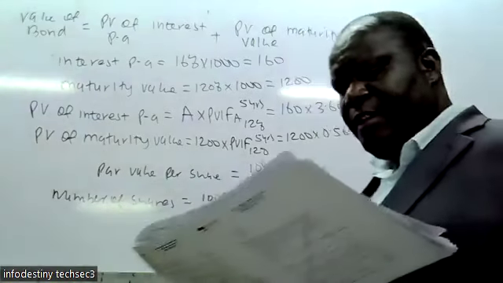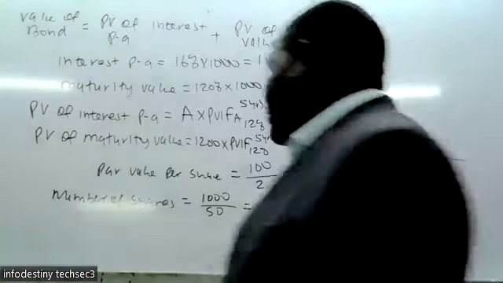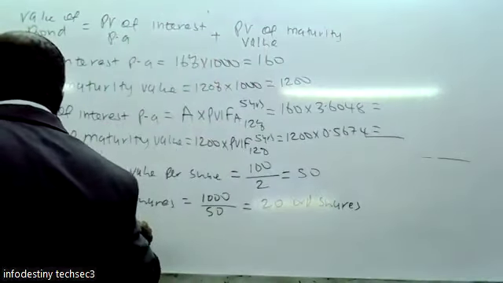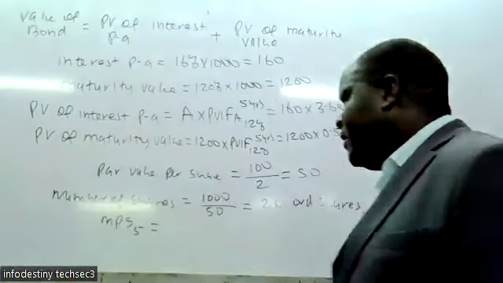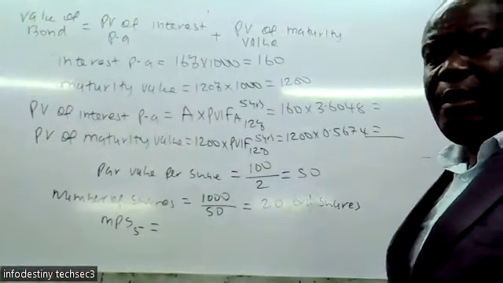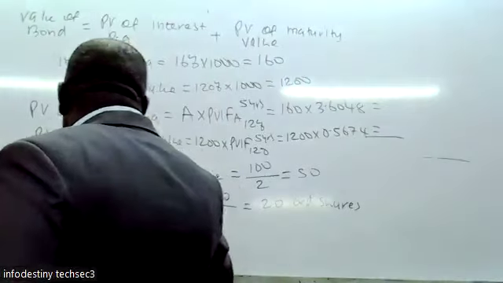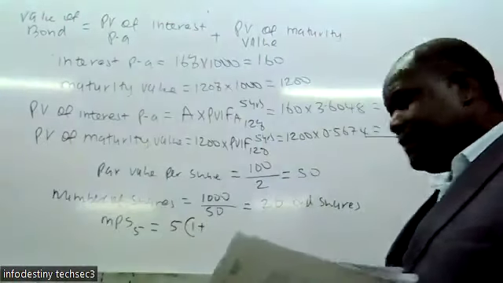Then they are saying that each ordinary share is currently trading at how much? 50 shillings. It is expected that the share price will increase at a constant rate each year. So to get the market price per share in year 5, take that price, which they have given us, 50, but it is growing at a rate of what percent?